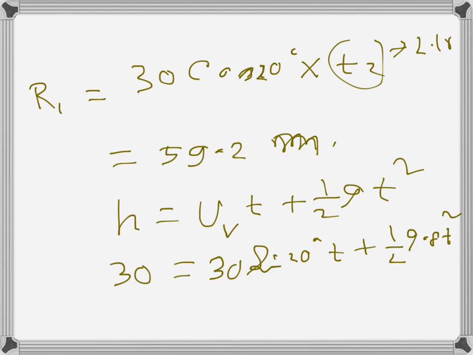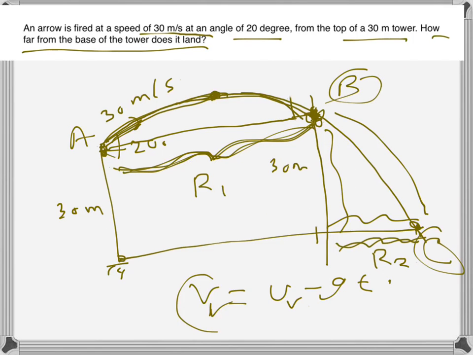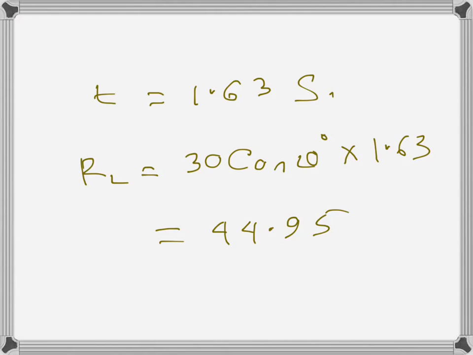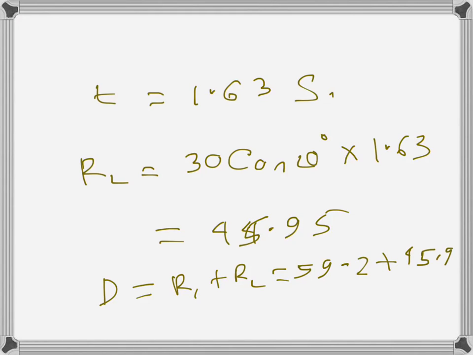So the total distance from this point to this point, if we call it d, is R1 plus R2, which is 59.2 plus 44.95. So that will be 105 meters almost. So just rounding up, that's how far apart the arrow will land from the tower.